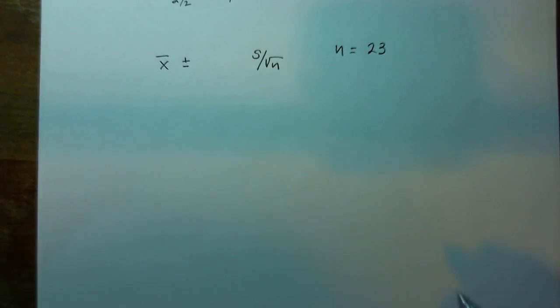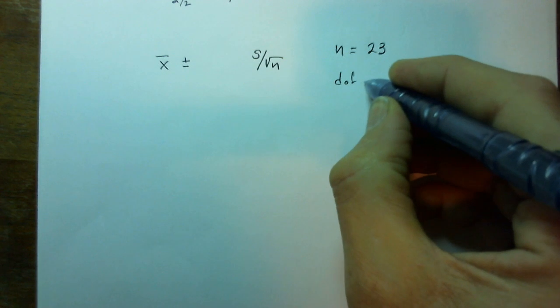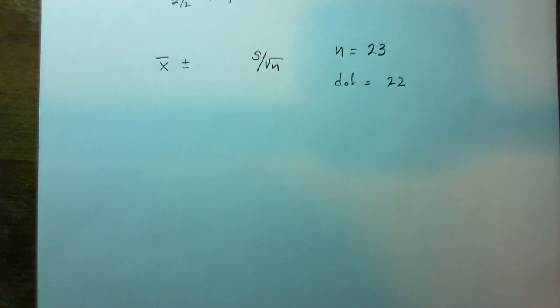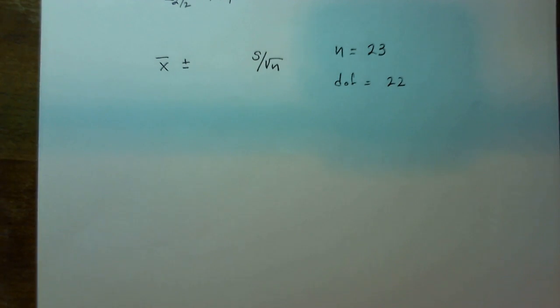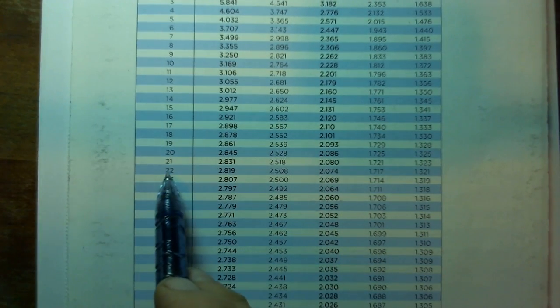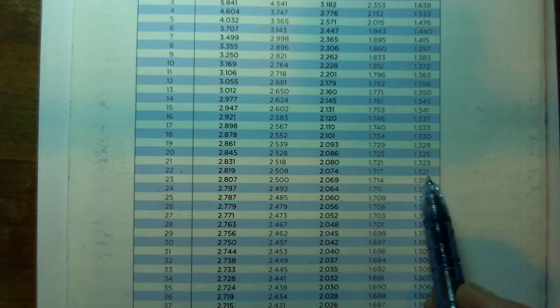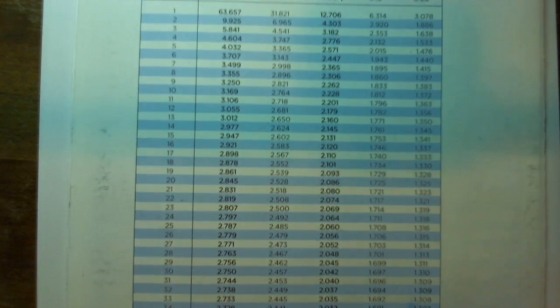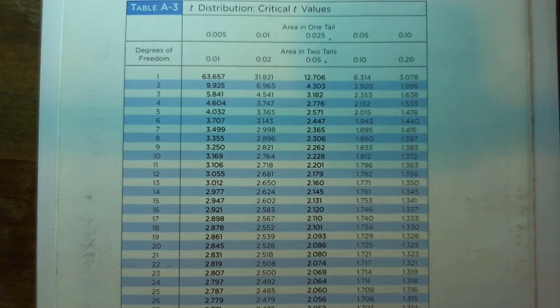If n is equal to 23, then the degrees of freedom are 22. So we take our table and we look at this row right here. The columns are arranged according either to the area under one tail, which is alpha over 2, or the area under two tails, which is alpha.